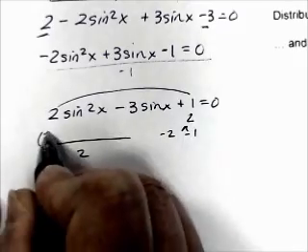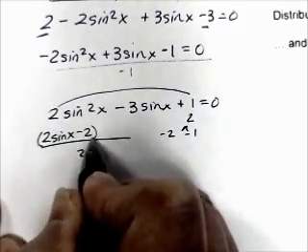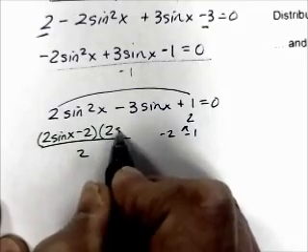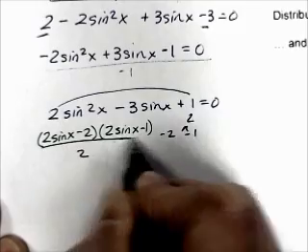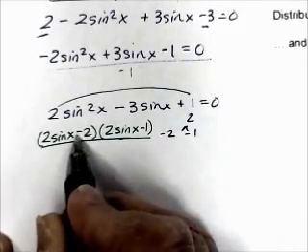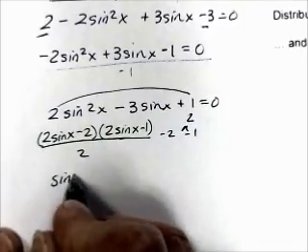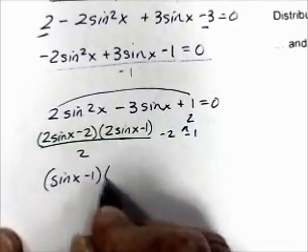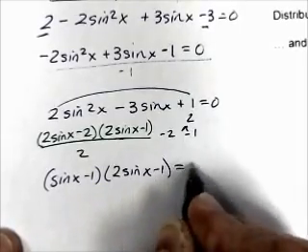So we have 2 sine x minus 2 times 2 sine x minus 1, all divided by 2. And 2 divides into my first parenthesis and leaves us with sine x minus 1 times 2 sine x minus 1 equals 0.